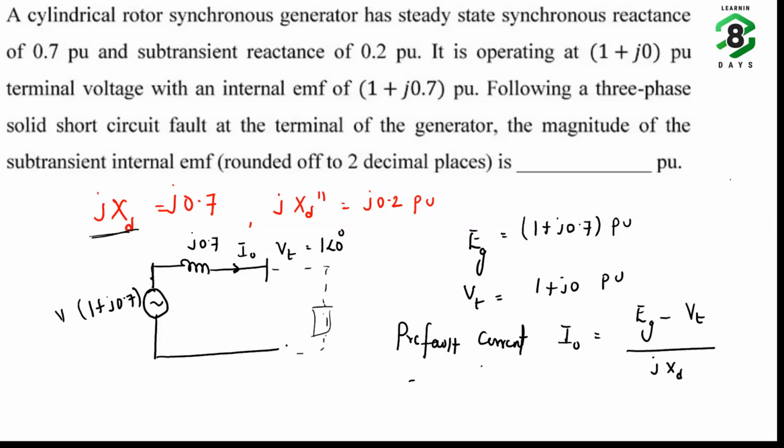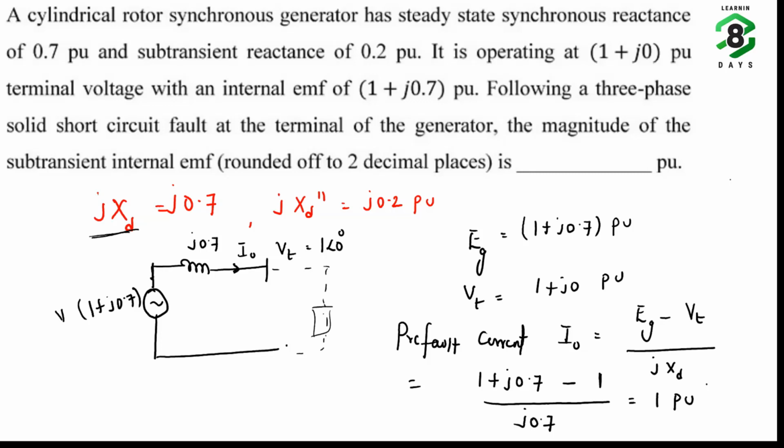If you compute this value, 1 plus j0.7 is the induced EMF minus terminal voltage 1, divided by the impedance value j0.7. So its value will become 1 per unit. The pre-fault current flowing through the machine is 1 per unit.